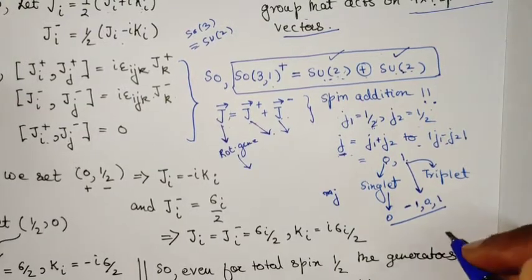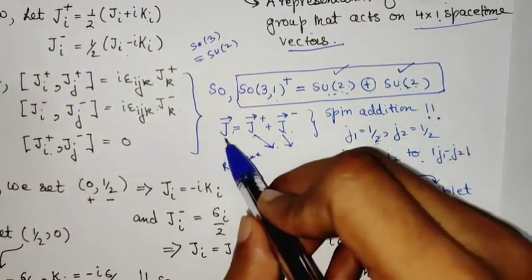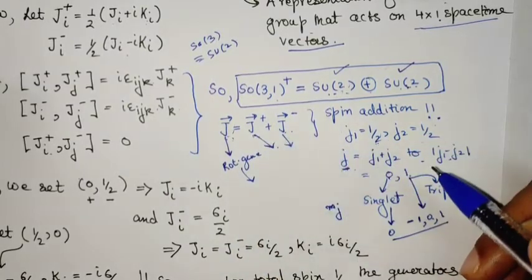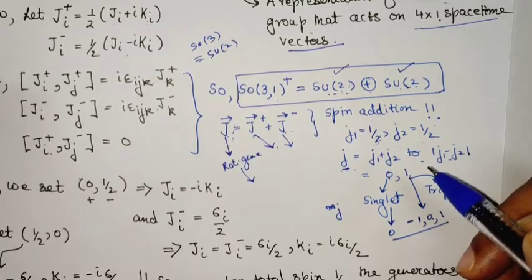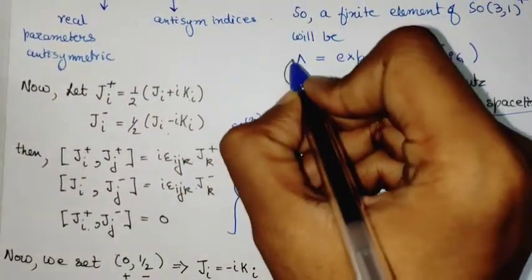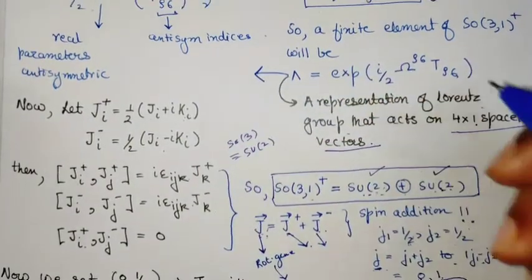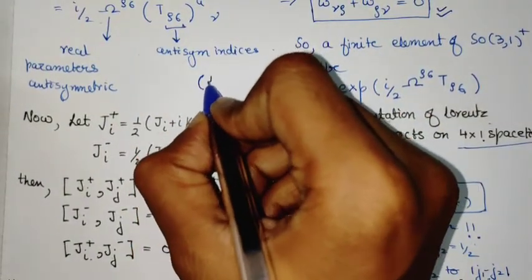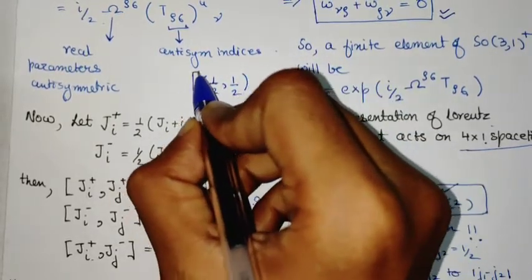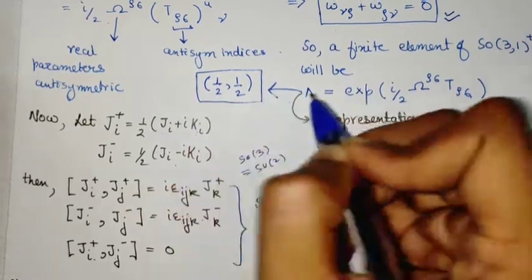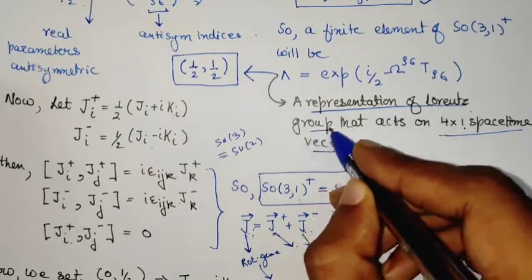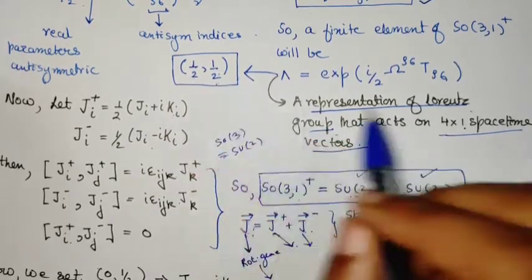So this is further showing why this particular J operator is the sum of two spin half particles. And in a more precise sense, what we can say is that this representation that we saw here is a representation of two spin half particles. So this representation of the Lorentz group is called the half-half representation.